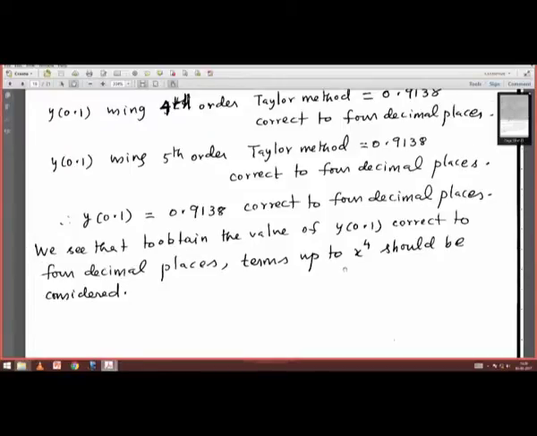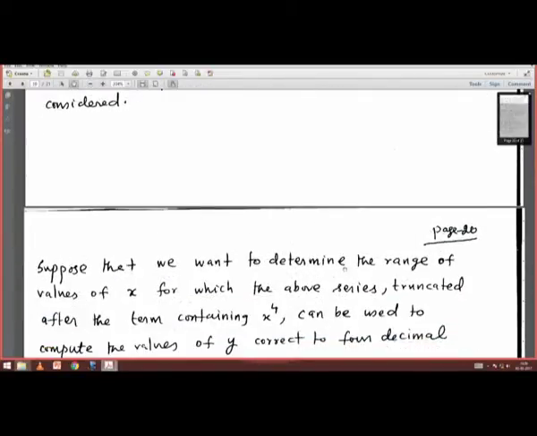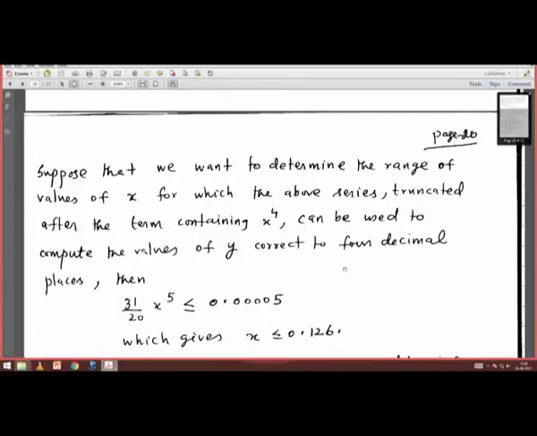So, now suppose say I would like to check up to what values of x can I use just Taylor expansion up to terms containing x to the power of 4 such that the solution that I get from that will be correct to 4 decimal places.